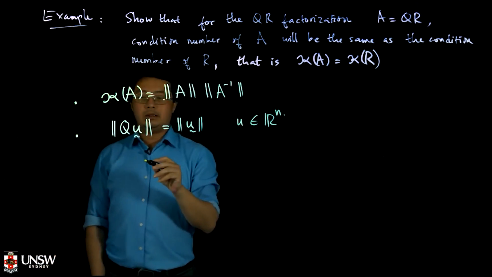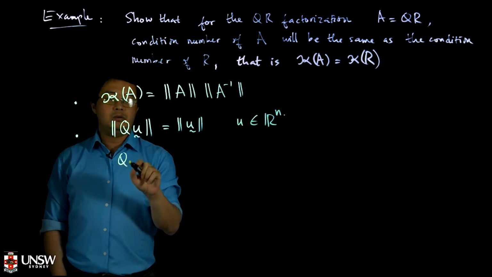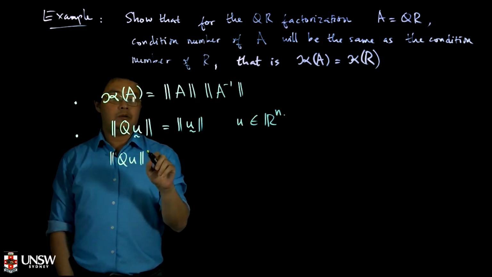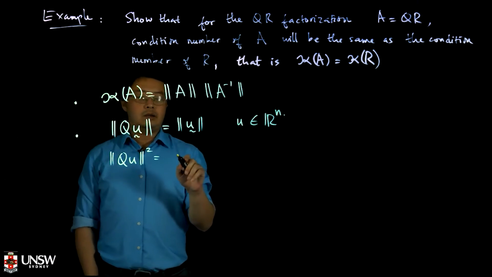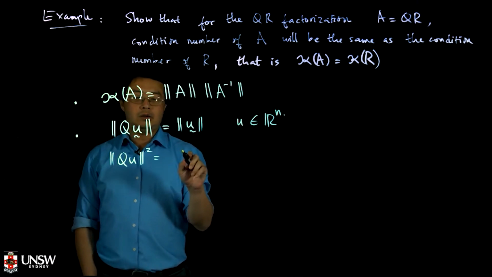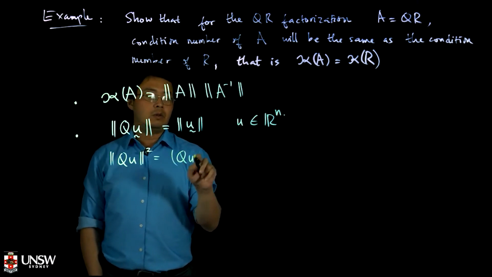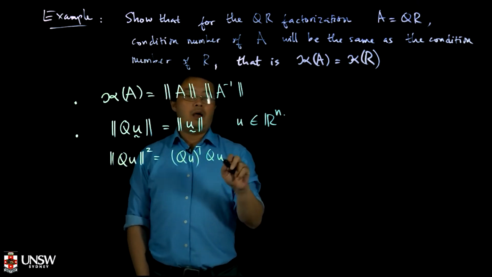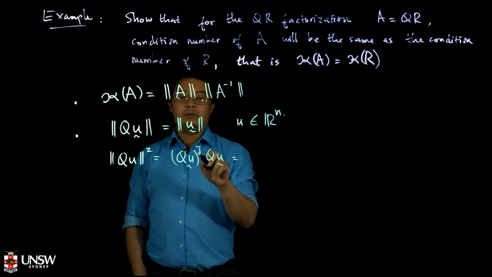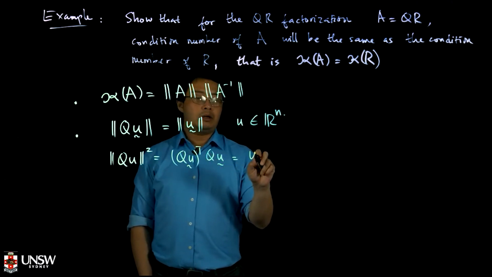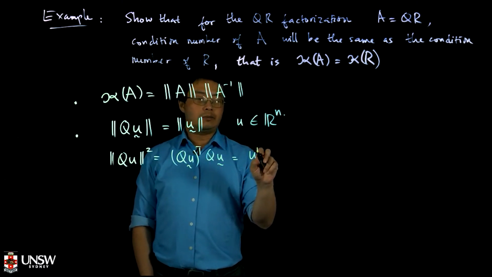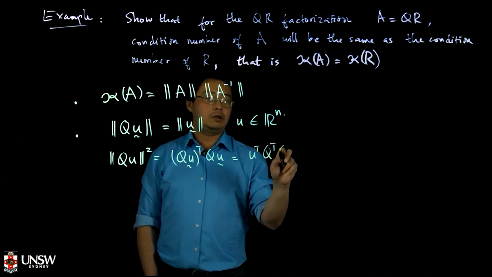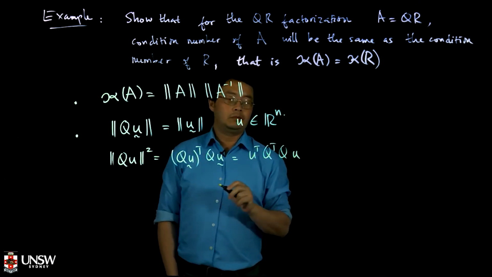So remember that when you take the length of QU and you square it, this is just equal to (QU) transpose QU. Okay. And (QU) transpose can be written as U transpose Q transpose, so you have U transpose Q transpose QU. Okay.